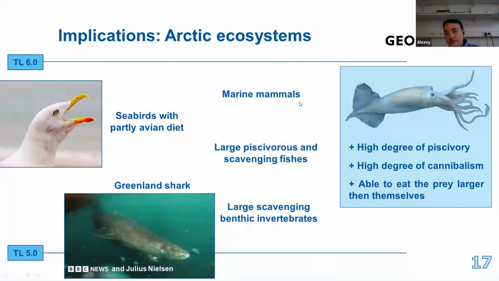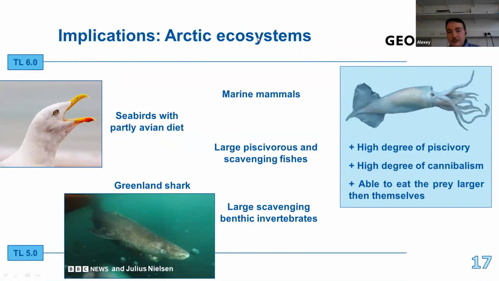It's of course marine mammals, specifically the top predators, also seabirds, especially those who have a partly avian diet themselves, seabirds who eat other seabirds, also large piscivorous and large scavenging fishes, also the Greenland shark, and also large scavenging benthic invertebrates who eat carcasses on the seafloor. And also our Arctic squid is here.